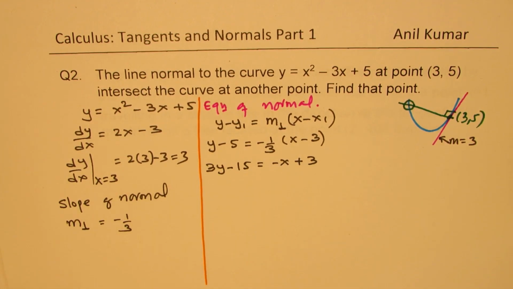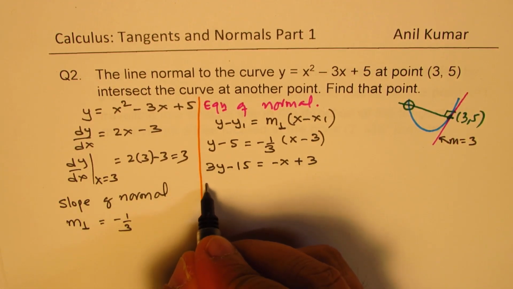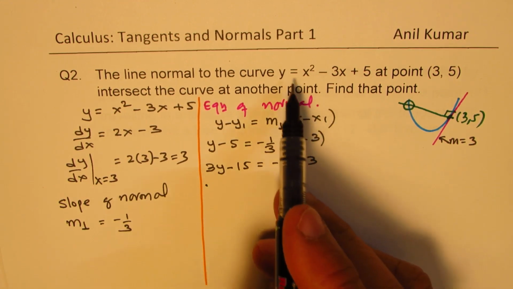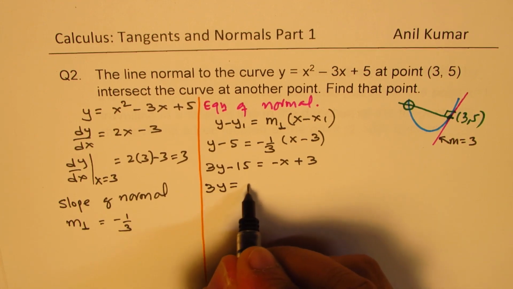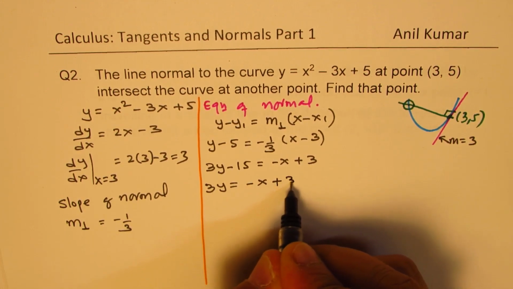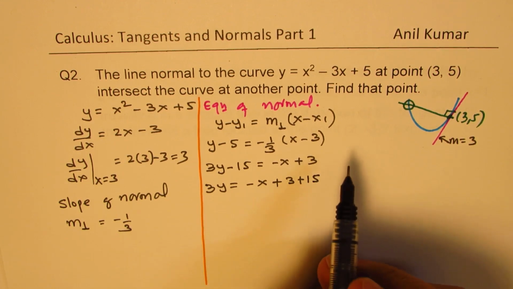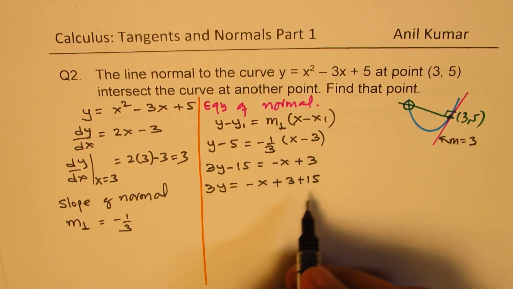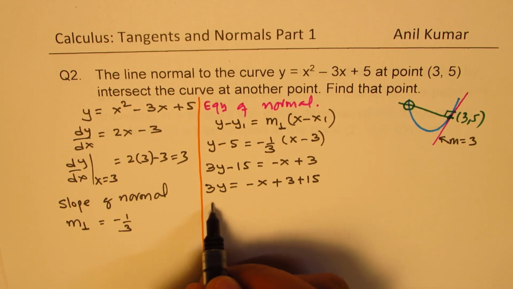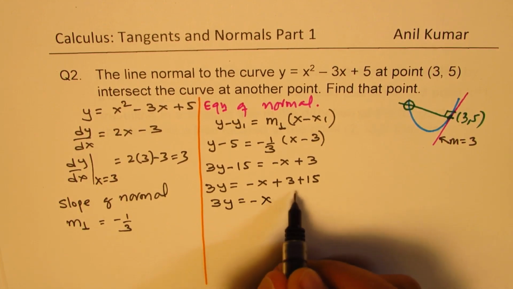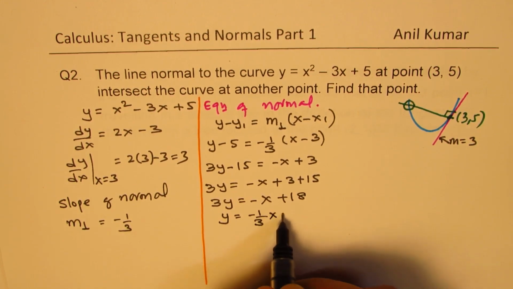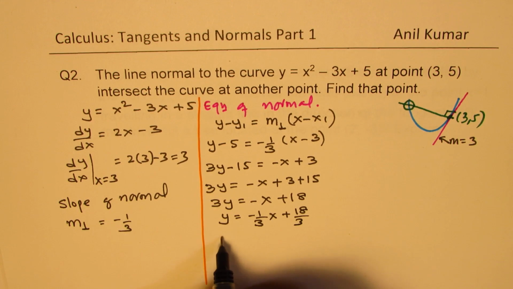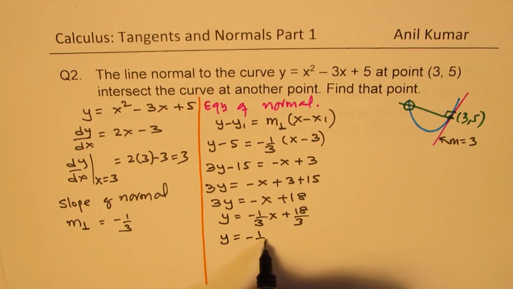We cross multiplied, bringing x to the left side, because we need to find the point of intersection. Let's isolate y. So we have 3y equals minus x plus 3 plus 15, that means 3y equals minus x plus 18, or y equals minus 1 over 3x plus 18 over 3, so y is minus 1 over 3x plus 6.